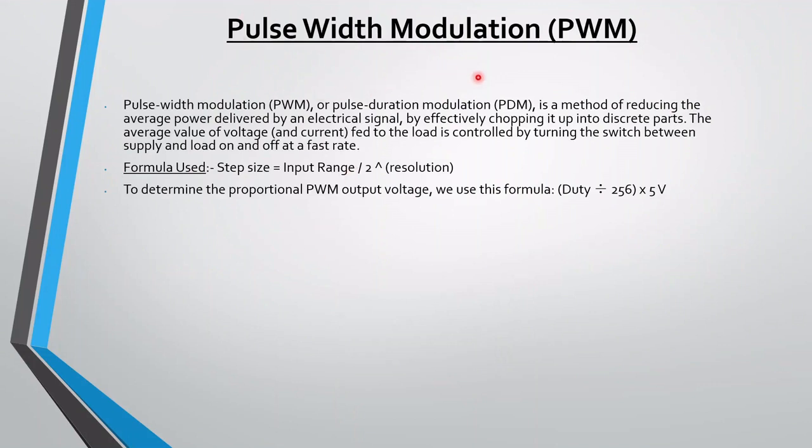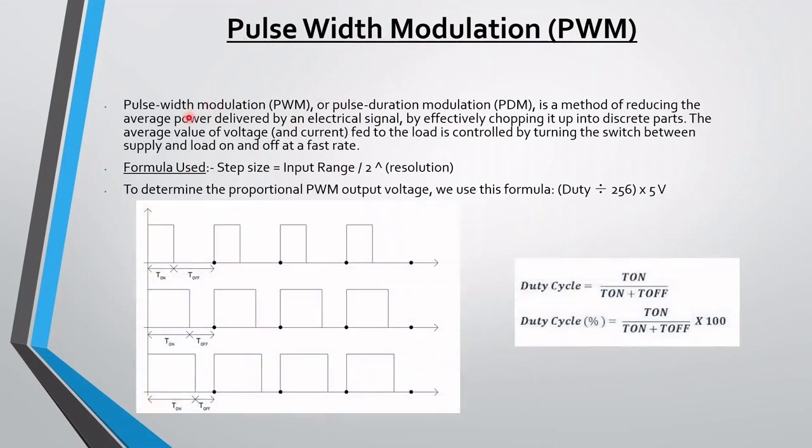Next is pulse width modulation. Pulse width modulation, or pulse duration modulation, is a method of reducing the average power delivered by an electrical signal by effectively chopping it up into discrete parts. The average value of the voltage fed to the load is controlled by turning the switch between supply and load on and off at a fast rate.